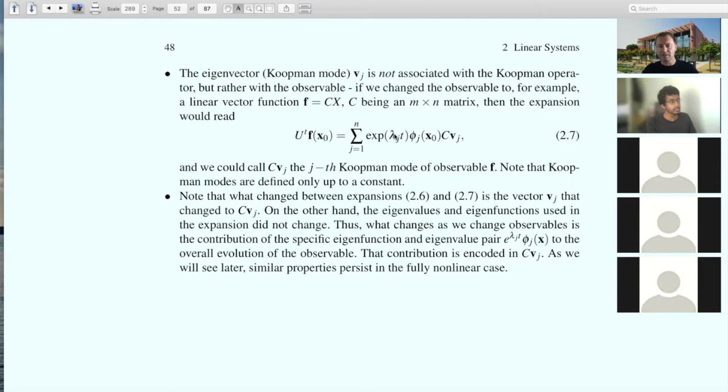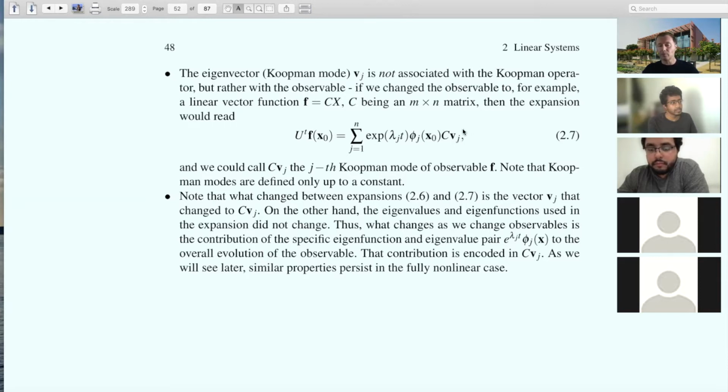The lambda j's and the phi j's are property of the operator, so they don't change with the observable, but the Koopman modes actually change. They're specific to the observable. And so the set lambda j, phi j, and C v j, so eigenvalues, eigenfunctions, and modes, is often called the spectral triple, or the Koopman spectral triple.